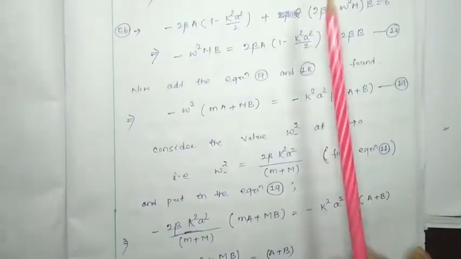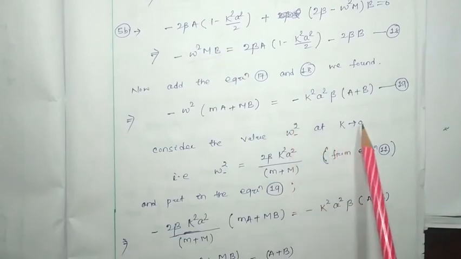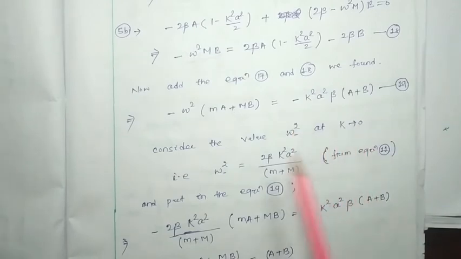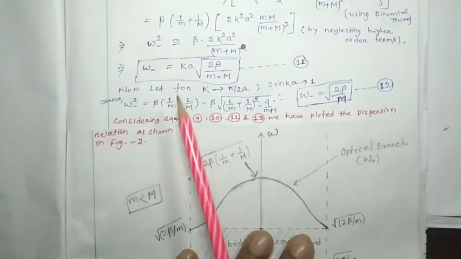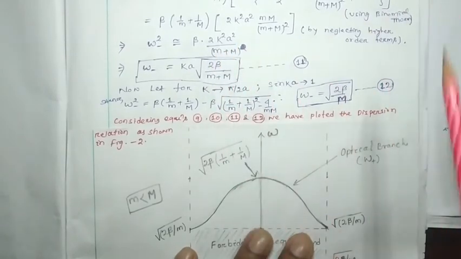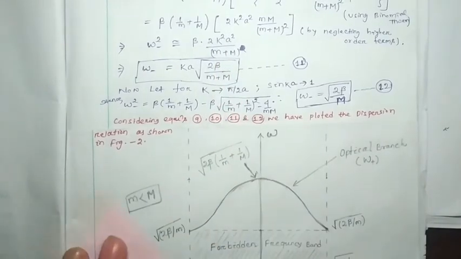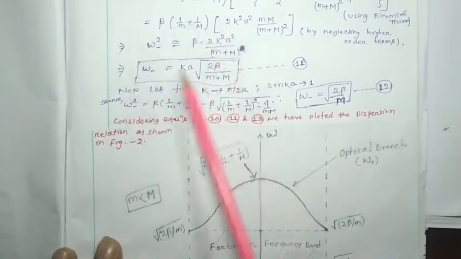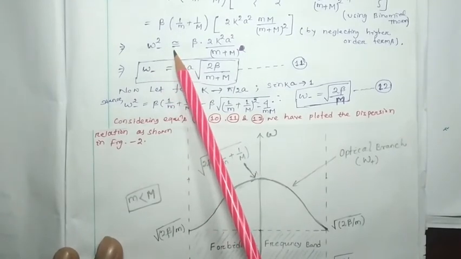Whatever we found the value of ω₋² at K tends to 0, it is 2βK²a² by (m + M). This value I am going to put over there because this belongs to your acoustical branch.